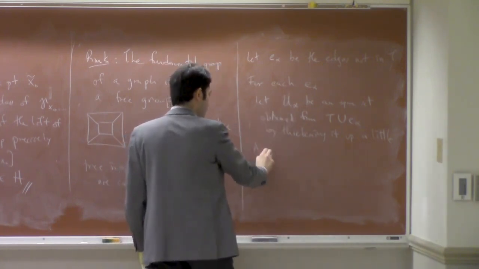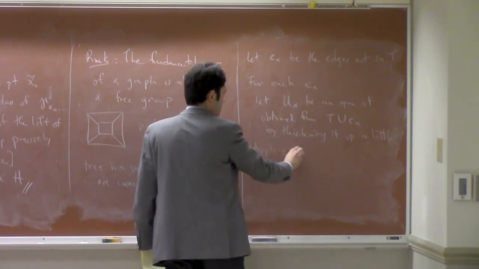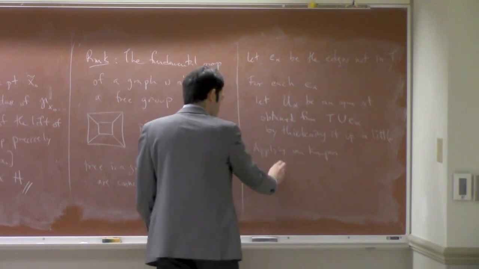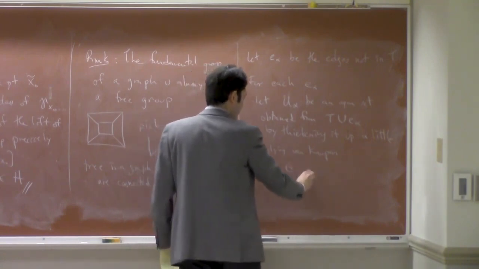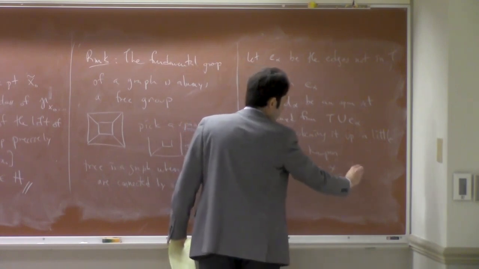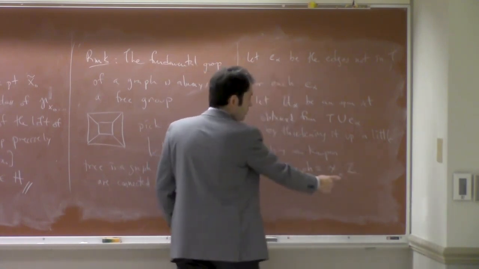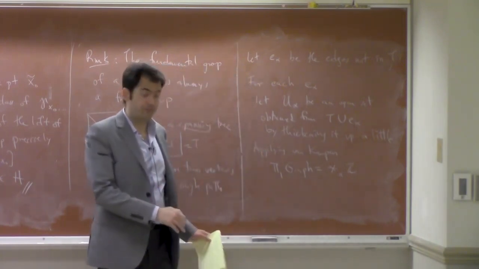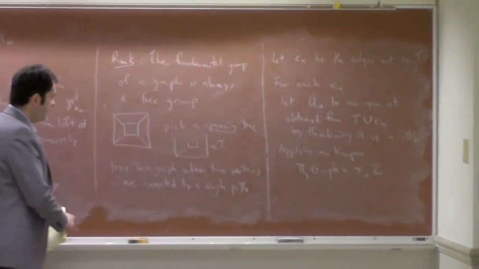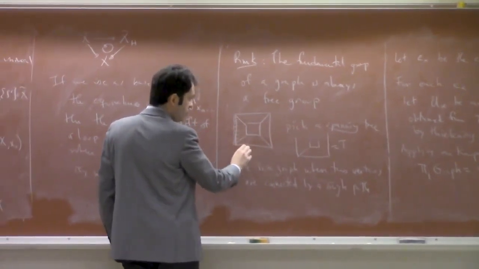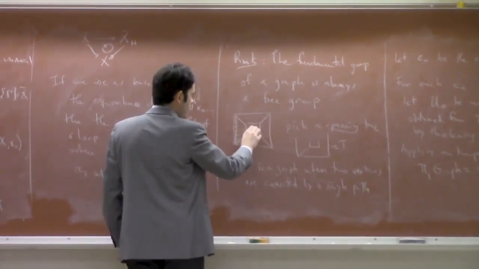So applying Van Kampen, we see that the fundamental group of the graph is equal to the free group of one copy of Z for each E alpha, for each edge not in the spanning tree. Right? So if you look at this graph, then we're using as spanning tree these edges.